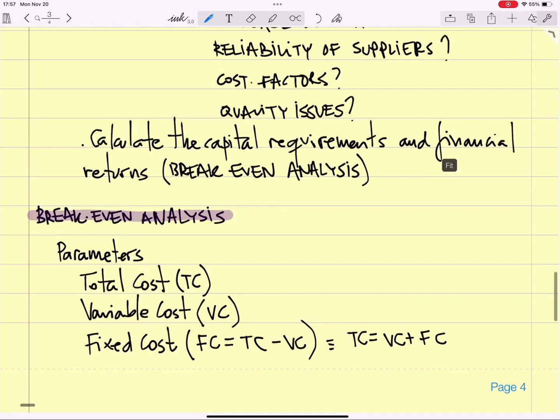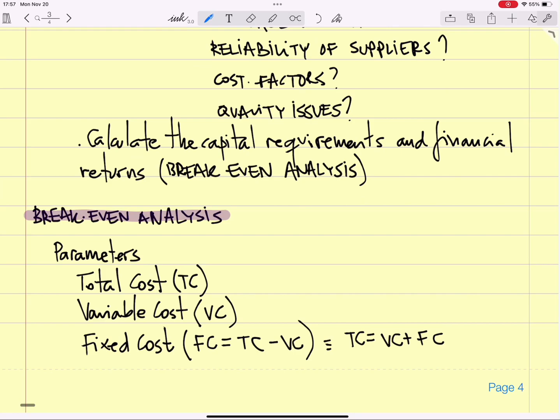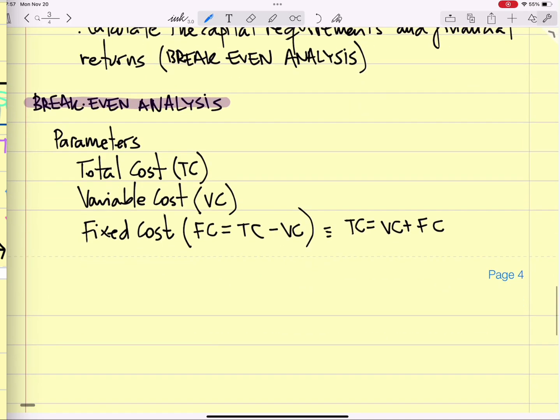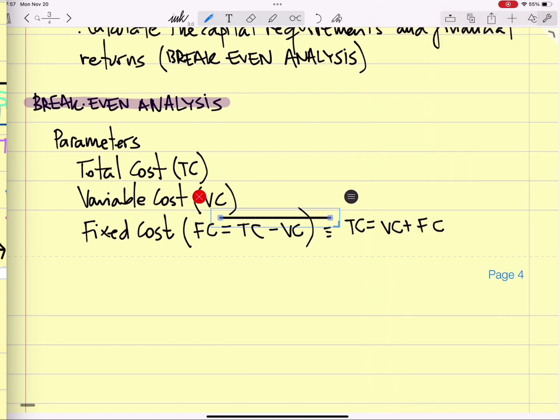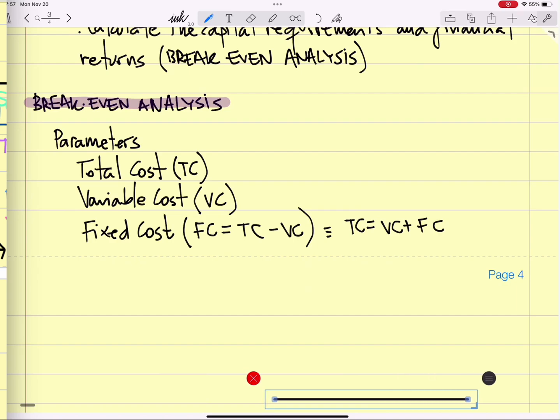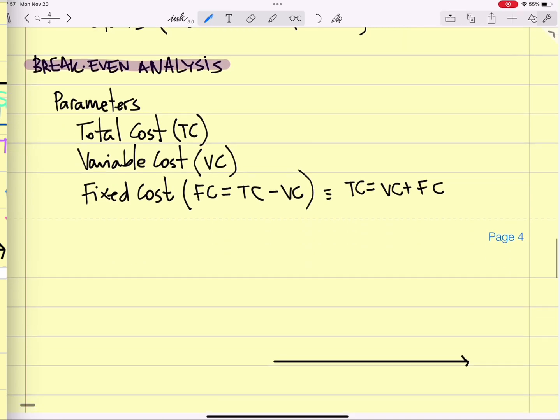Maybe easier is to say it like that. So when you look at these parameters, what do you have? Let's say, this is time.